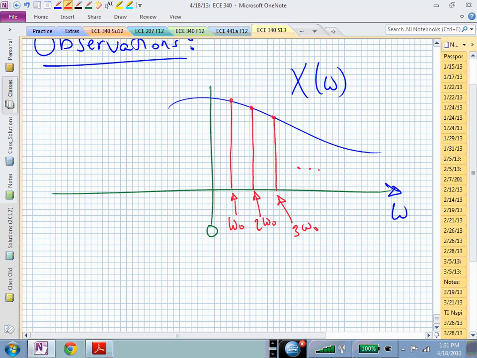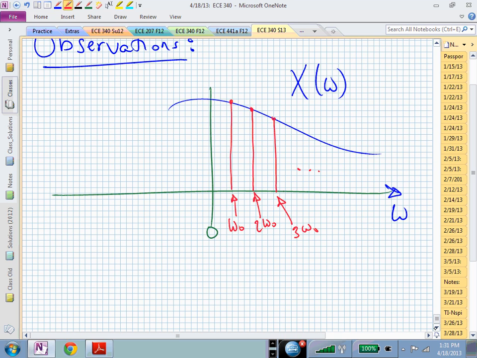What are we doing? If somebody now gave us capital X of omega, we're simply sampling that at a given frequency interval, and we're calling that frequency interval omega naught. Somebody gives us this frequency function, capital X of omega. Let's just sample it. And if we sample it fine enough, that's probably sufficient. Now we're not sampling in the time domain, are we?